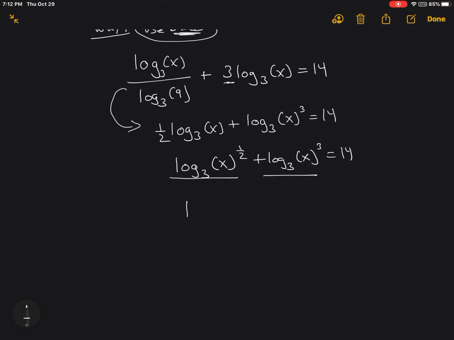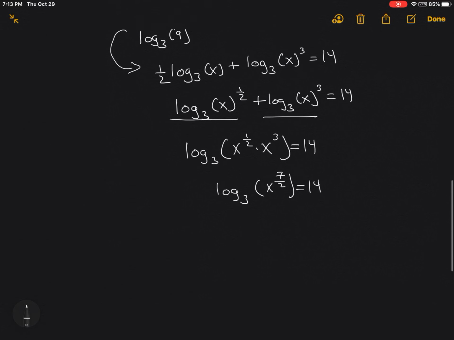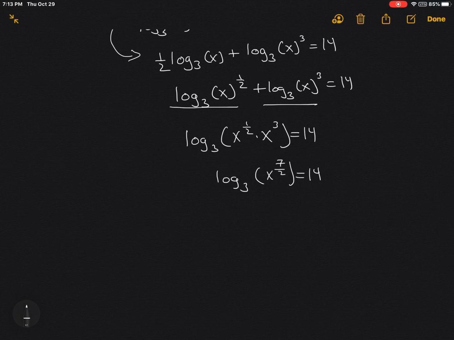You use your product rule for logs. x to the 1/2 times x to the 3. When I have the same base and I have different exponents, I add the exponents. This becomes log base 3 of x to the 7/2, since 1/2 plus 6/2 is 7/2.